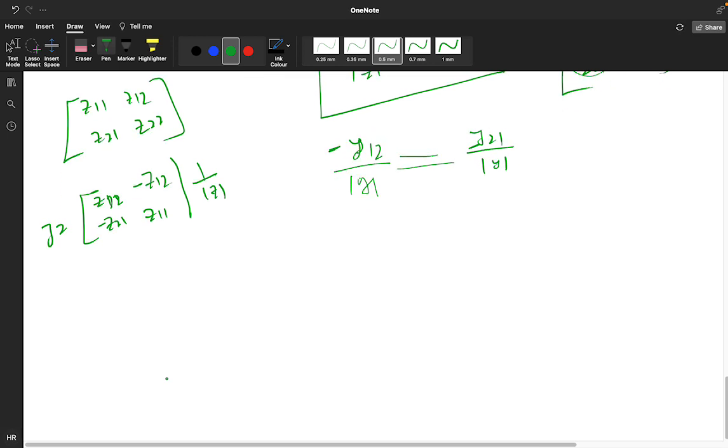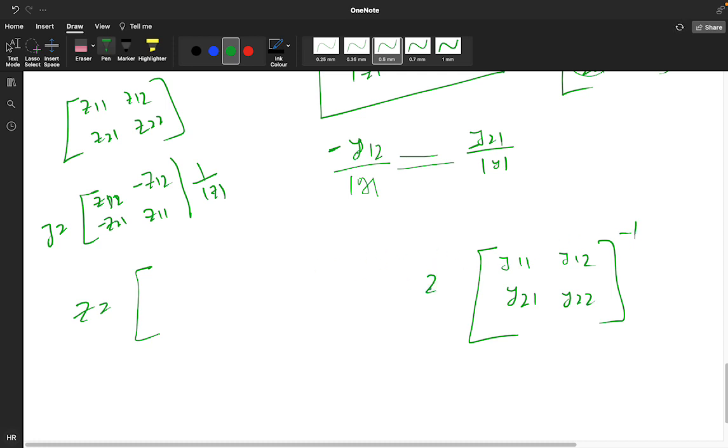Okay. Even if you are seeing your Z parameter in terms of Y parameter, Y11, Y12, Y21, Y22, if you want to see it in terms of a Z parameter, so inverse, that is your Z only.